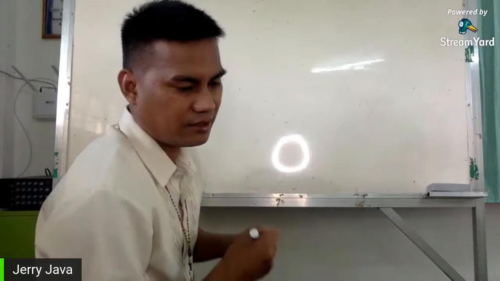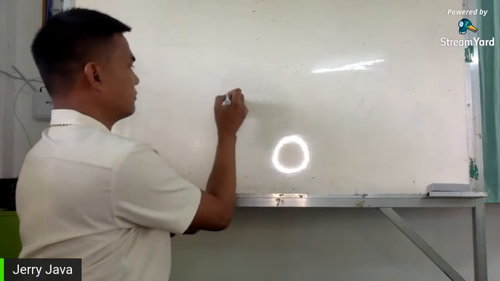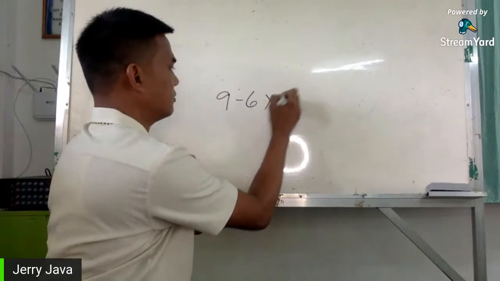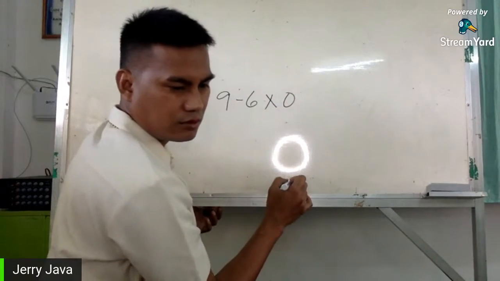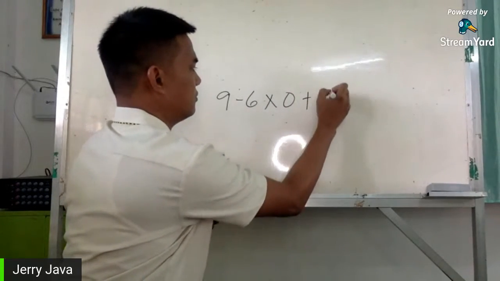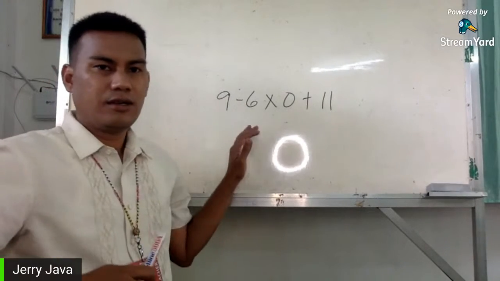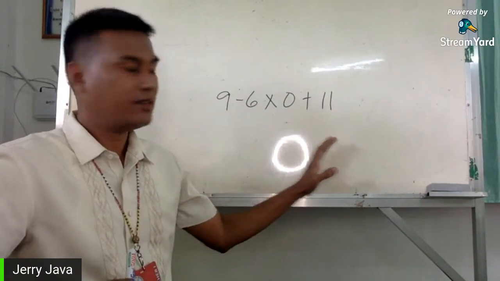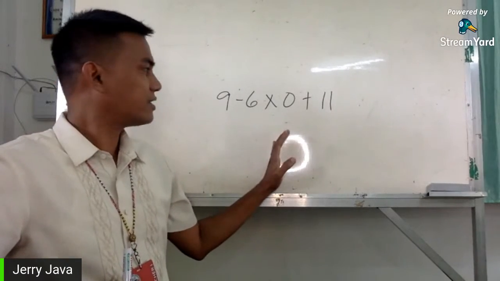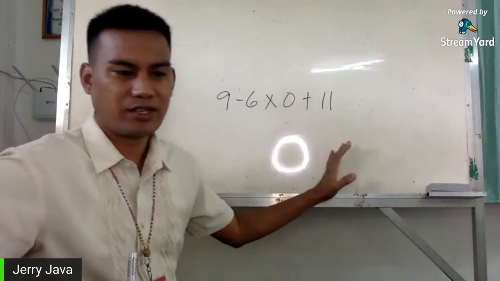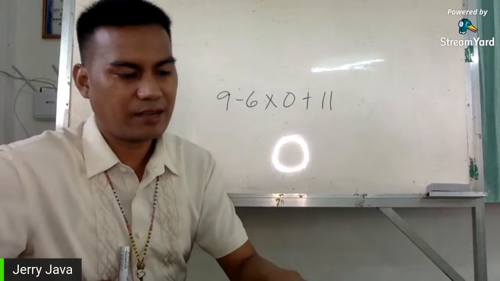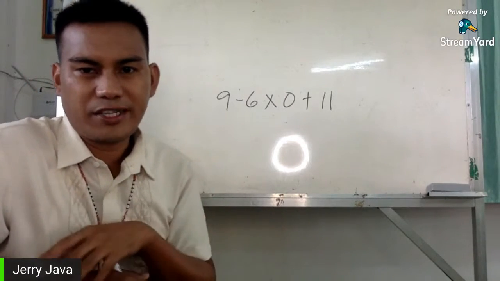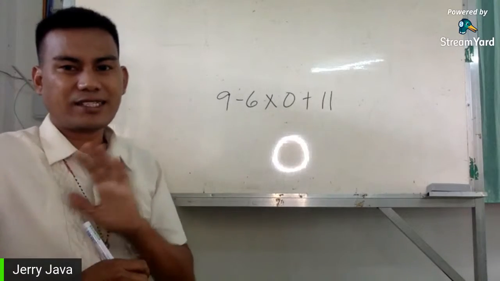Next, let's have this. Nine minus 6 times 0 plus 11. 30 seconds. Do not type in your answer yet.